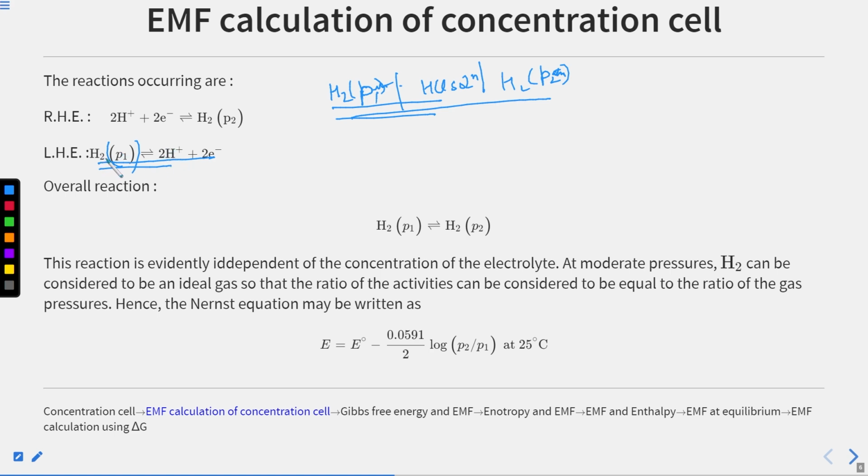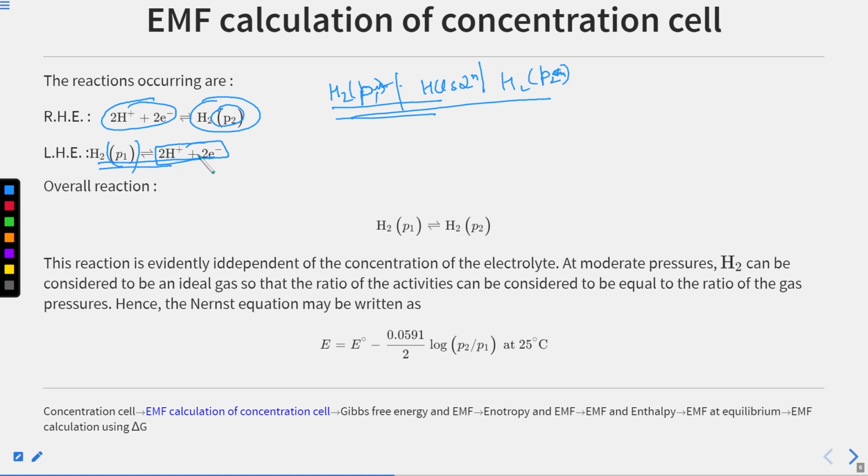One hydrogen is losing one electron, so two hydrogens will lose two electrons, and we will get 2H plus plus 2 electrons here. Again, if we go to the right hand side, those two electrons are taken up by this 2H plus, and again H2 is formed in the second electrode with a pressure P2.